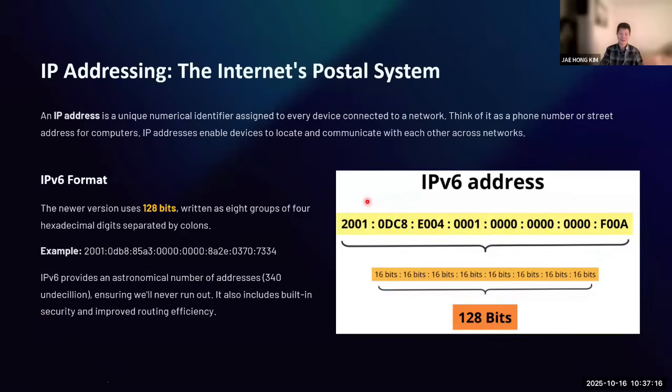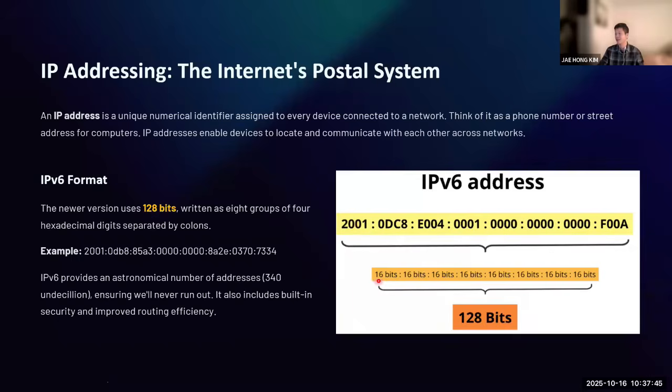So now this is the second option we have, IP version 6. The newer version uses 128 bits, written as 8 groups of 4 hexadecimal digits separated by colons. Before, it was separated by dots, but now it is separated by colons. And the number of bits has also increased.